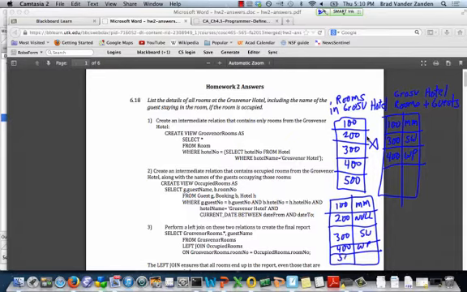And 500 is not in there, so it would end up null. So that's what you want to get to: two relations, one which has all the rooms in the Grosvenor Hotel and the other which has the rooms in the Grosvenor Hotel that are occupied.